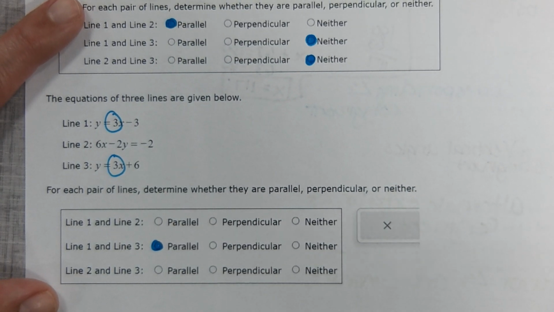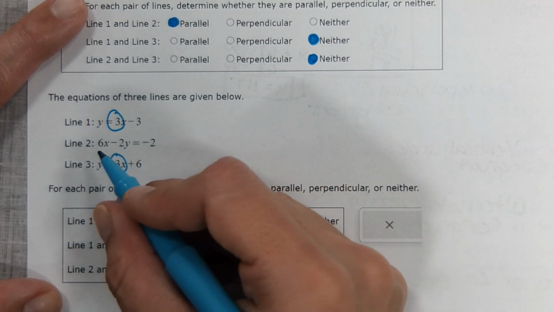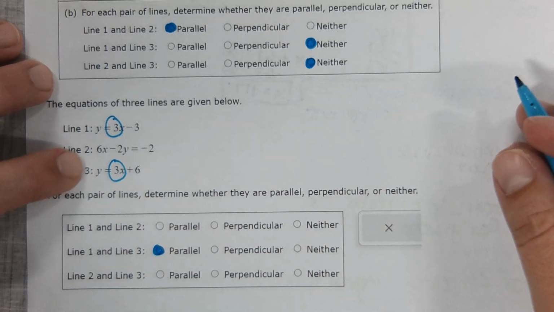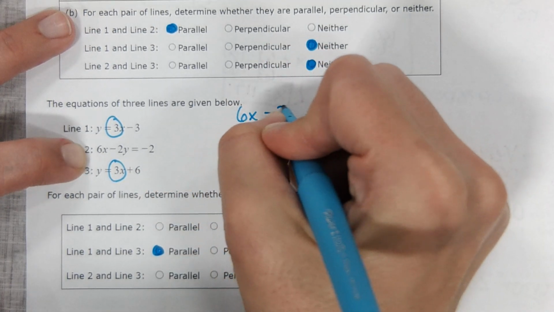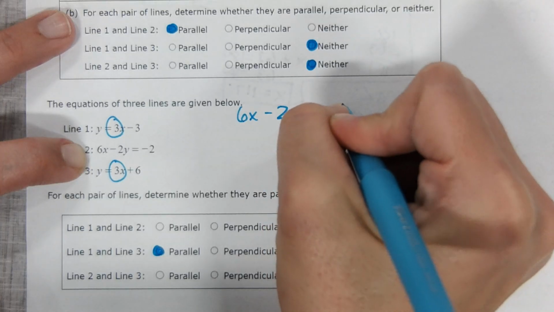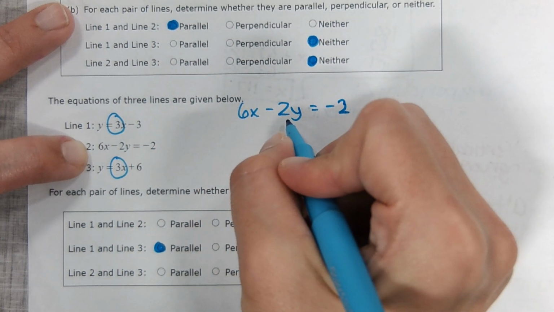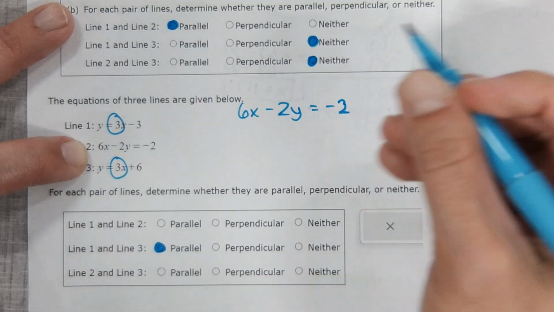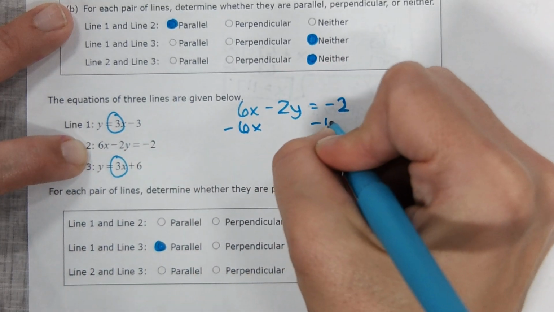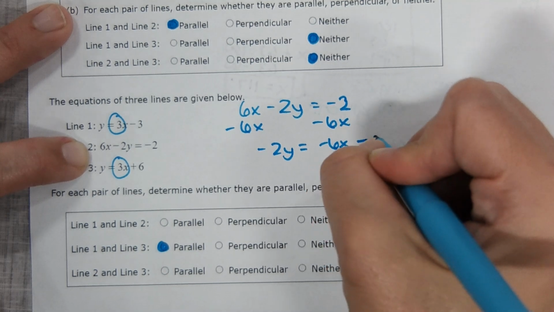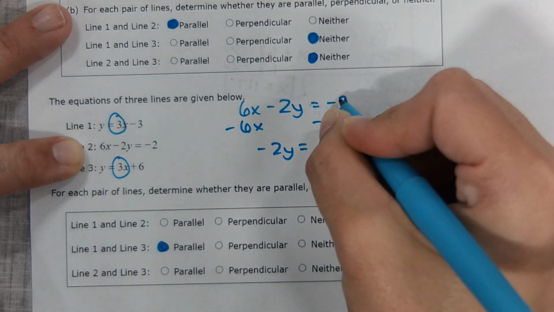1 and 2, I can't tell because this isn't in slope-intercept form, so I can't just look at the slope. So I'll just do this off to the side and rearrange it to get it into slope-intercept form. I need to solve it for y, so that way it's in y equals mx plus b format. So subtract 6x, -2y equals -6x minus 2.